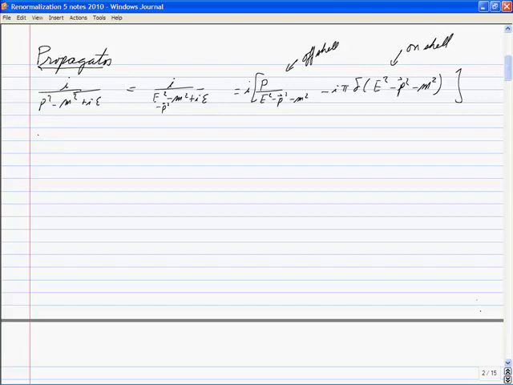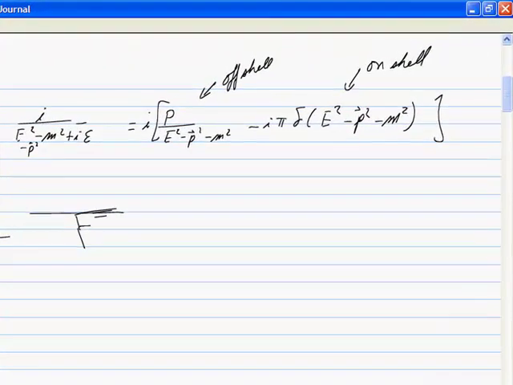So let's imagine you're doing some case where you have some propagator. So there's some stuff going on up here. Here's your propagator and some stuff going on down there. And you have some interaction.